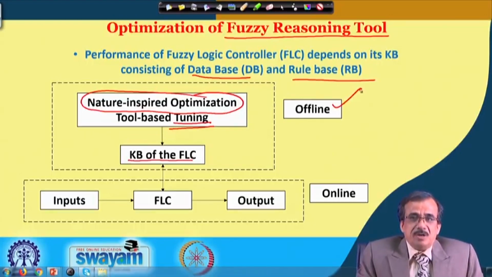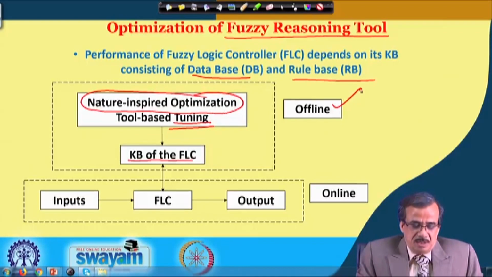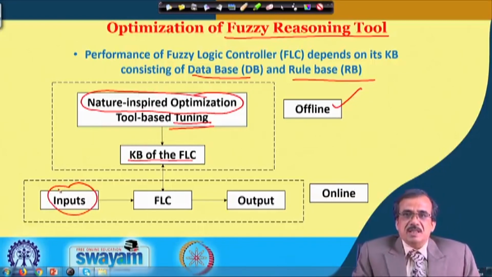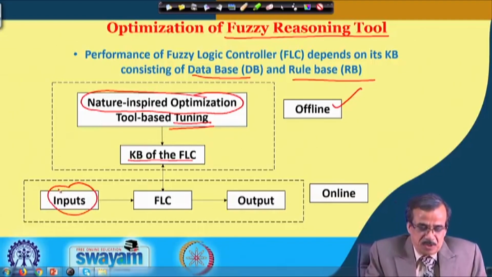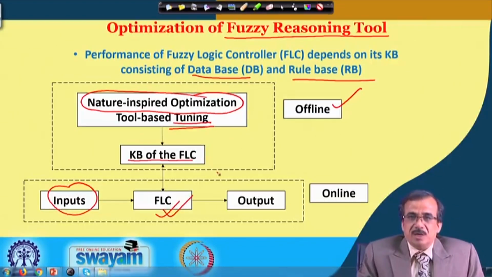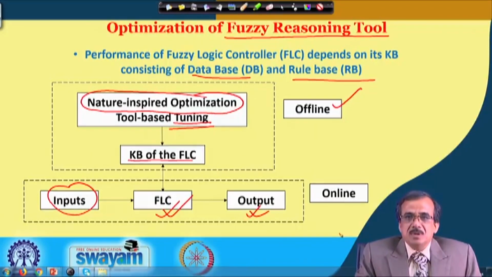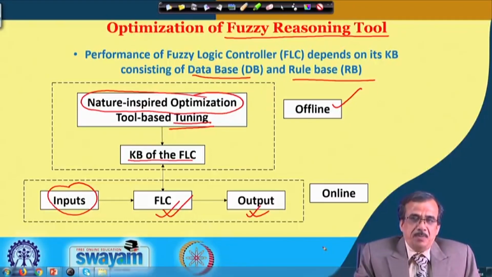Once you have got the optimized knowledge base of the fuzzy logic controller, we can pass a set of inputs, and the moment we pass a set of inputs through the fuzzy logic controller, we will be getting the output online, might be within a fraction of a second for a set of inputs.